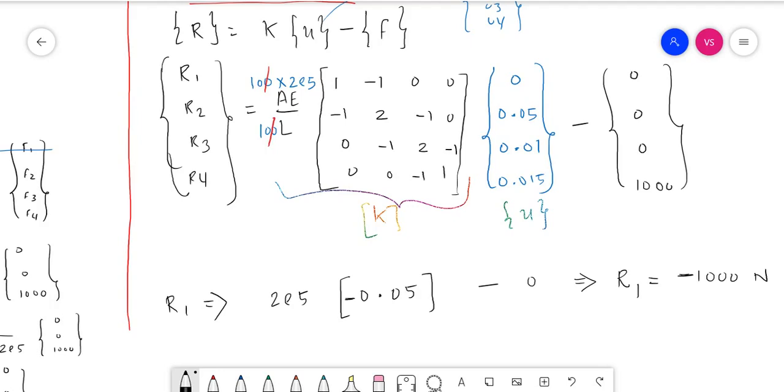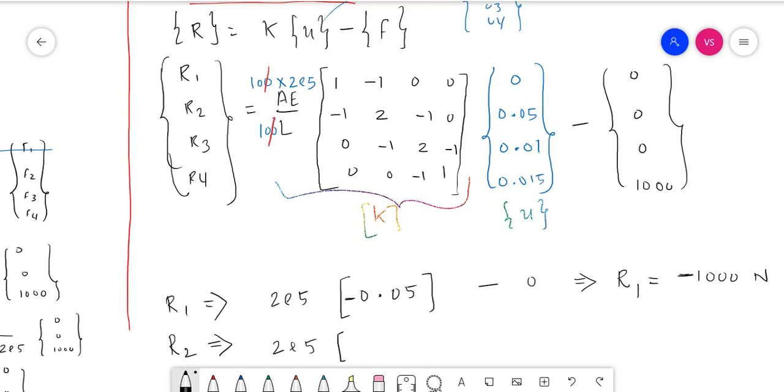Now let us, just for purpose of checking, we will see what is R2. Remember, we expect R2 to be 0. R2, R3, R4, all three should be 0. Let us see whether it happens. So here we have 2E5 as before.